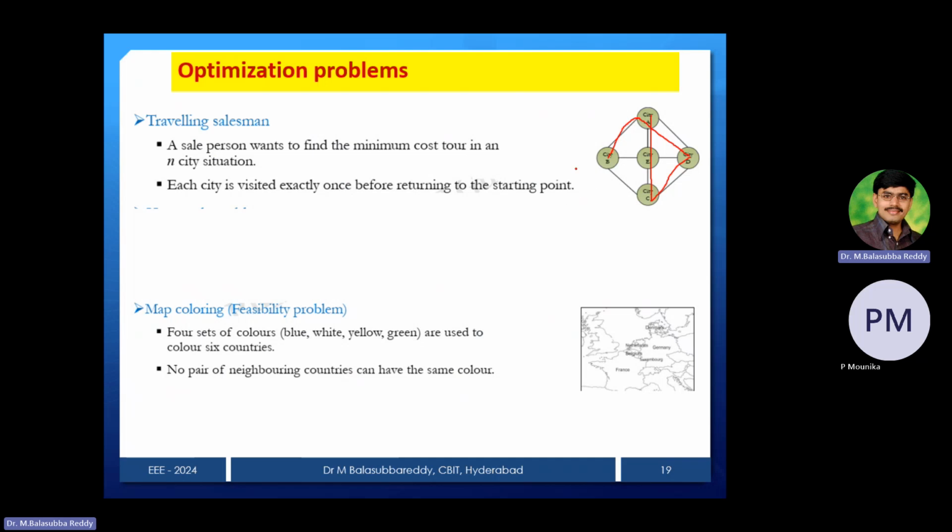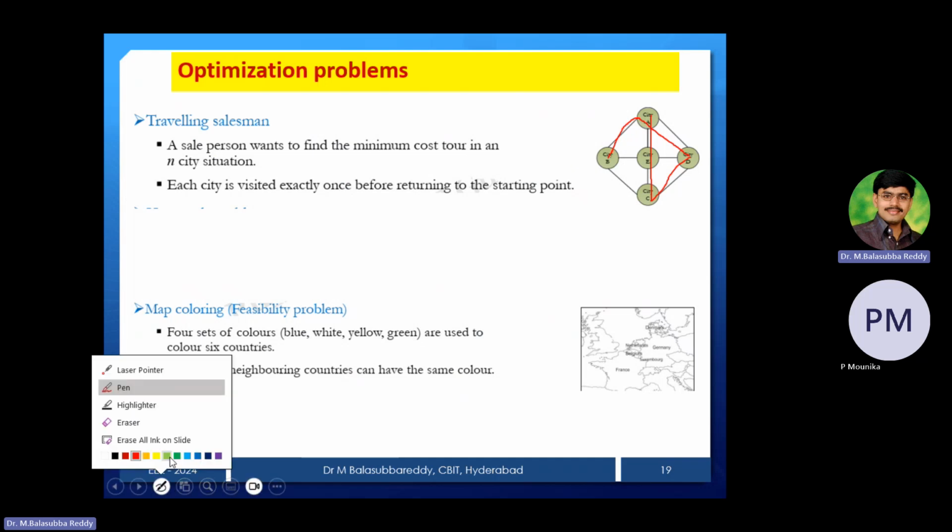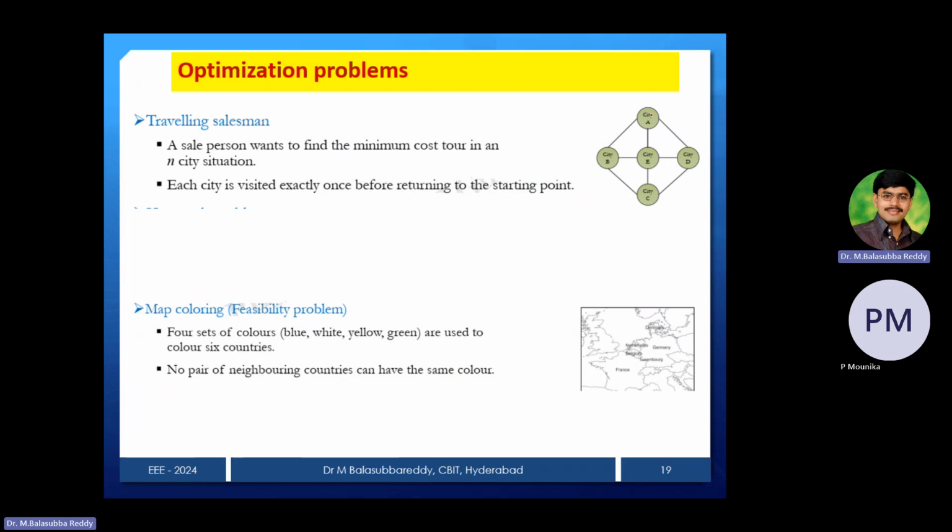Now, what we need to identify from those options is which is the minimum cost route, to avoid maximizing the total kilometers. This is a minimization problem in this case. Instead of going from A to E, you can go some other way, based on the distance. You could start with A, go to B, C, then D, and come to E. So this way is also one direction.